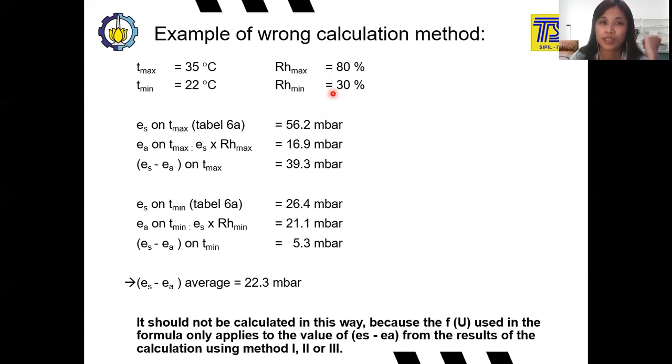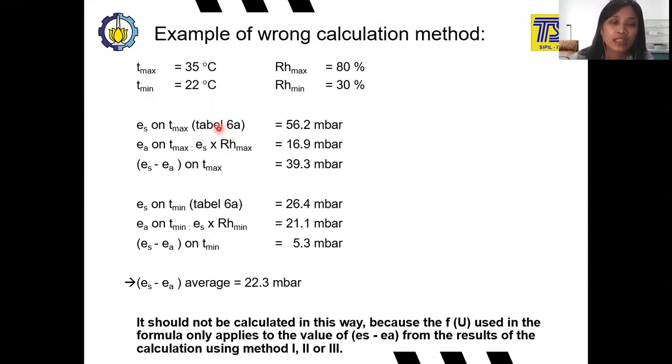The wrong calculation method is when you use the maximum and minimum temperature separately. You have to average them first, not at the end. So this one is the wrong method.